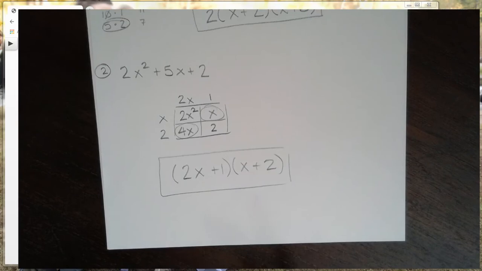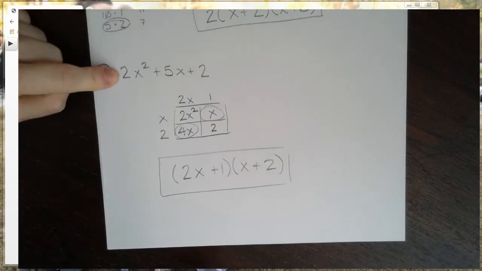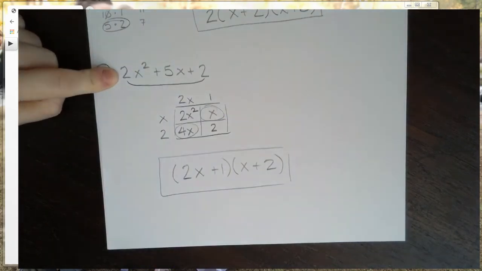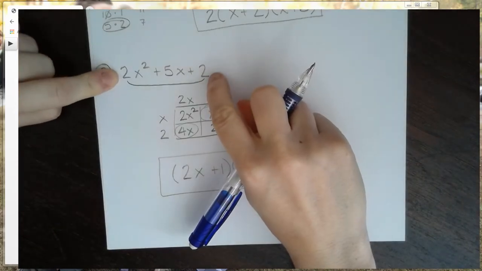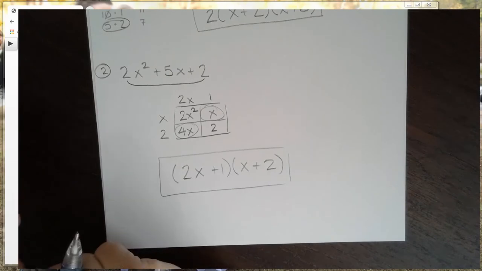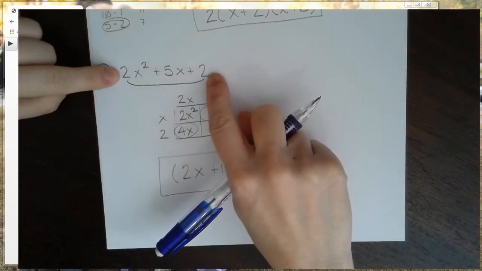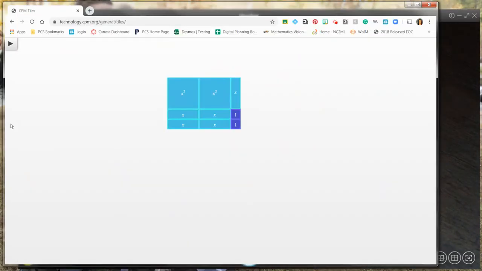That doesn't work. Now that I have this coefficient in front of x squared, I actually have to take both of these numbers, my a value and my c value, and I have to multiply them together because the dimensions of this rectangle depend on both of these pieces, as you can see from the box that we already made.